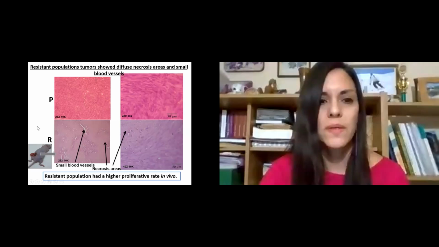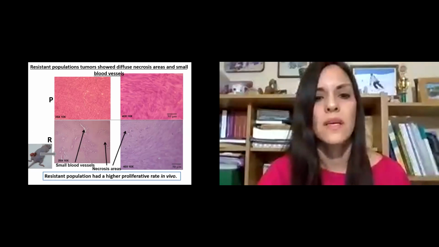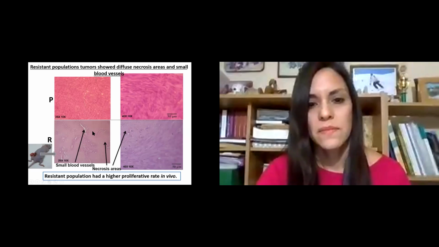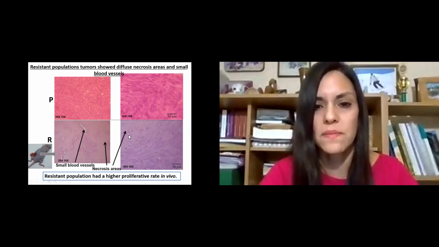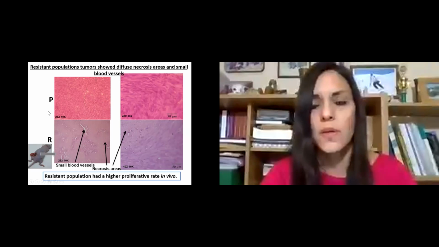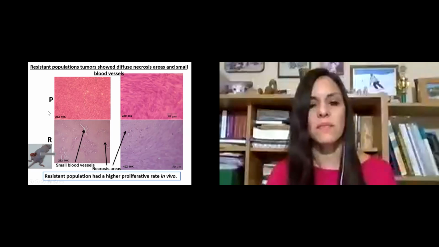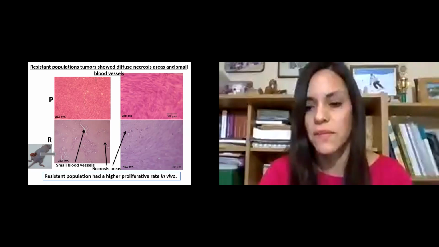And when the tumors were analyzed histologically, we saw that resistant cells form tumors with large and diffuse areas of necrosis and small blood vessels that were not found in the parental sample. It could indicate that the resistant population has a higher proliferative rate in vivo.